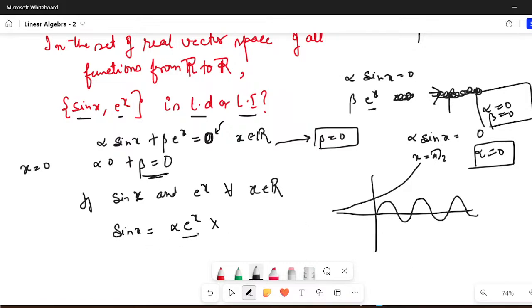But overall, sine x can never be written as a constant multiple of e to the power x for all x belongs to R. If you could have written it this way, only then I can say that e to the power x and sine x are linearly dependent on each other. Linear dependence means one function can be written as a constant multiple of another function. I hope it is clear.